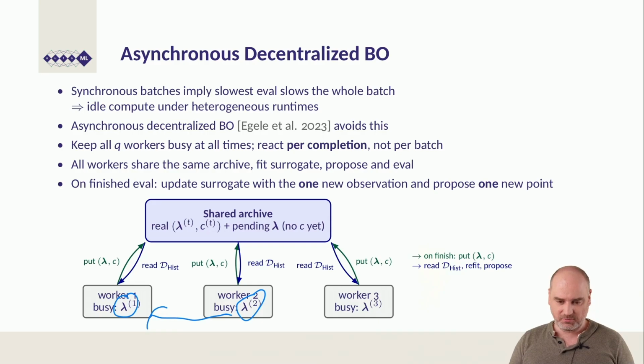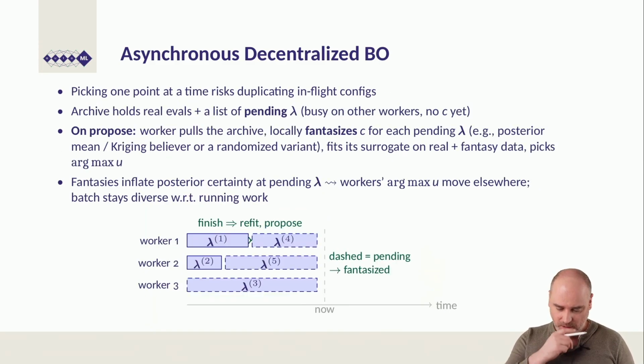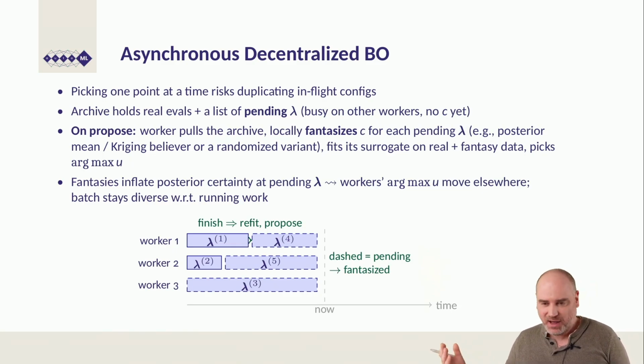So the archive will not only contain all of the completely evaluated configurations where we know the lambda and the cost value, it will also contain all of the pending design points, which are currently under evaluation. Because if we pick one point at a time at a worker, this risks duplicating in-flight pending configurations. So for that reason, the archive also contains the list of pending configurations.